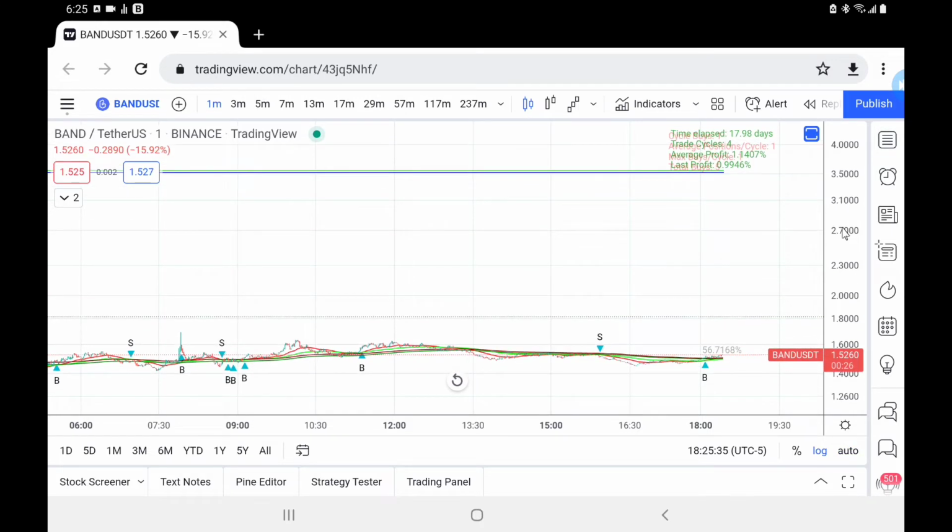Band is not that strong of a coin, period. As you can see, 56% loss in value over the last couple of days. Not strong, but yet, even with this recipe, it is reasonably workable as long as you have the patience and risk assessment for it.